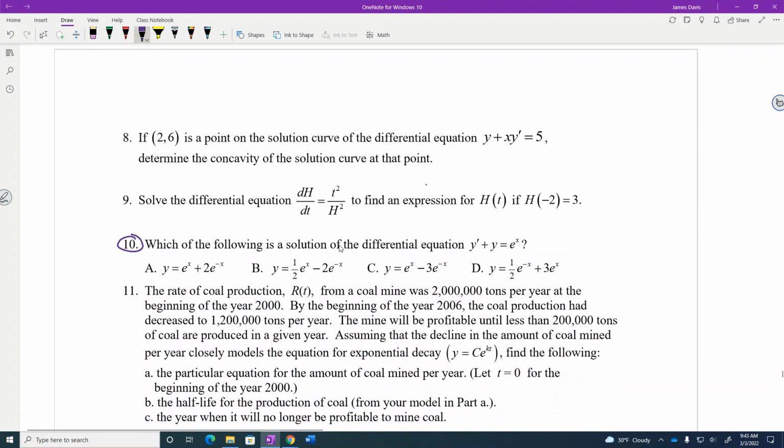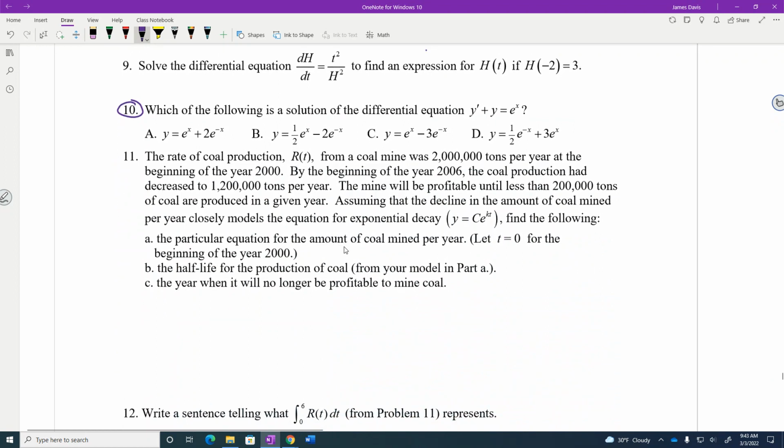And then the other one was number 10. Which of these was a solution to the differential equation? So the way to do that is to find the derivative of each one and plug that basically in. For example, the first one, y prime is e to the x minus 2 e to the negative x would be the derivative.